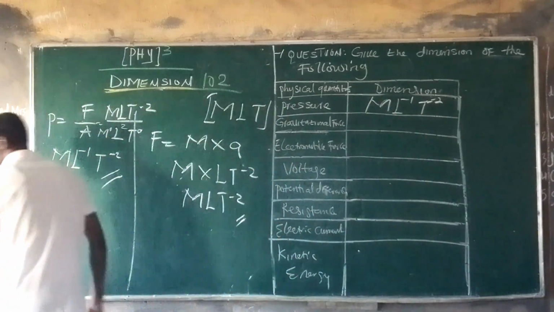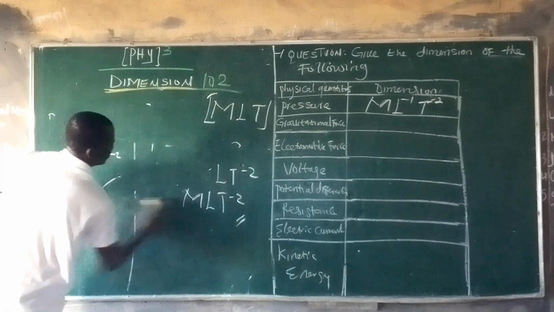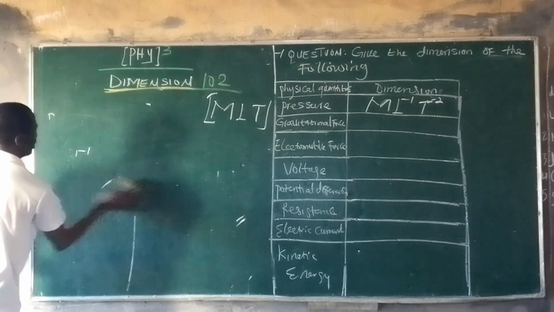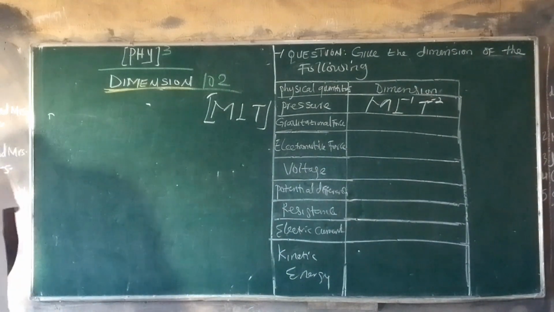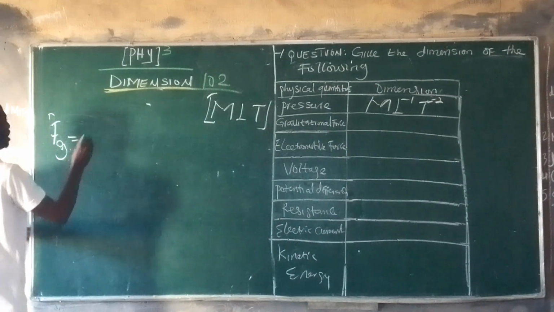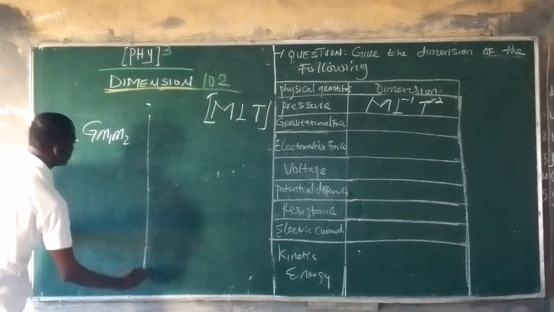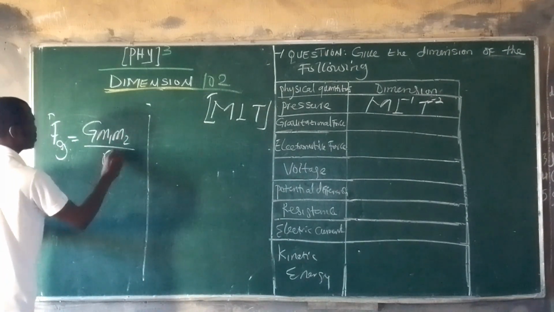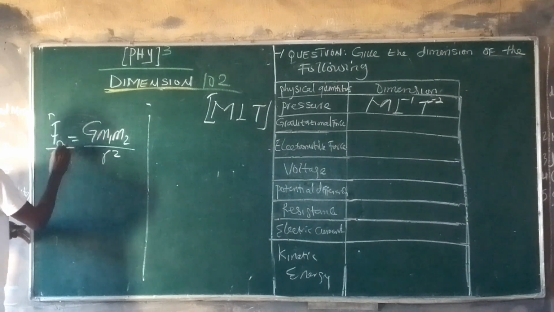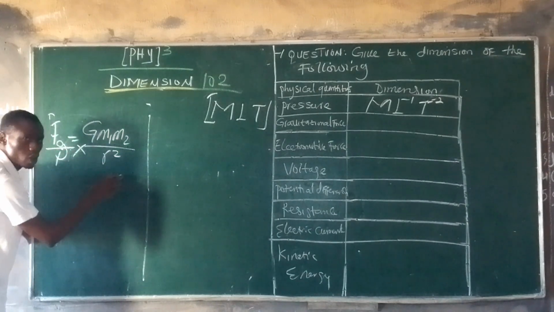Now we are told to find the dimension for gravitational force. In this gravitational force, you need to know that F of G, which is force of gravity, is equal to G M1 M2, all divided by radius to the power of 2. If I put 1 here and cross multiply, this one will come to this side, while this one will go to this side.